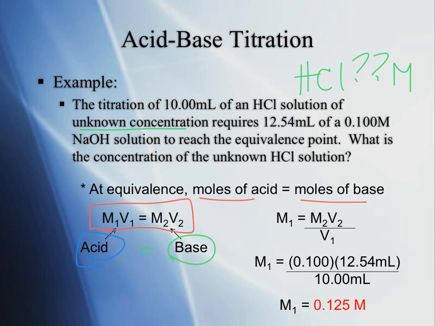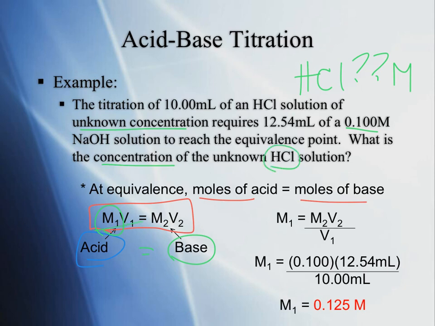So if we had 0.1 molarity and we added 12.5 milliliters of that, we would get that light pink color where it tells us that we reached the equivalence point. So it's asking, what is the concentration of unknown HCl? Again, we use M1 times V1 equals M2 times V2, acid equals base, and we're actually going to be solving for M1 here. We need to figure out the concentration of the acid.